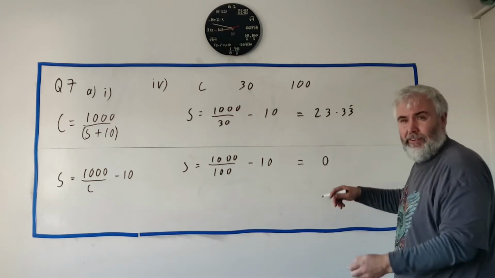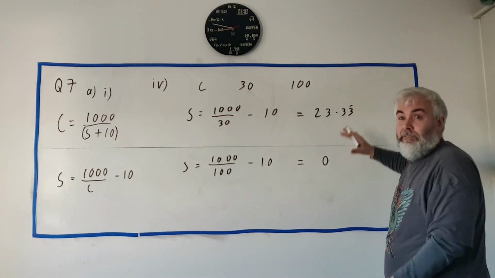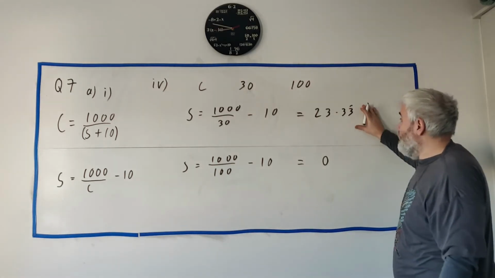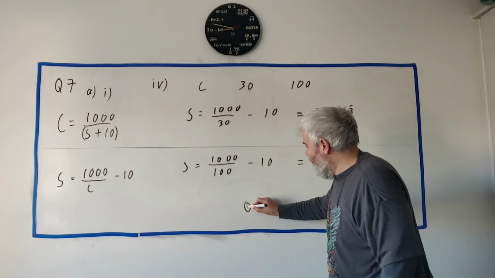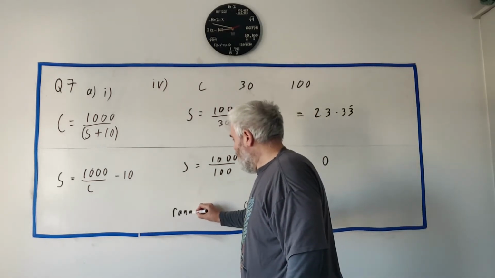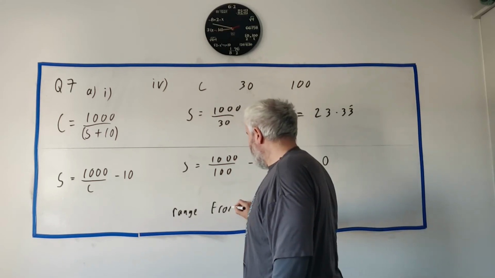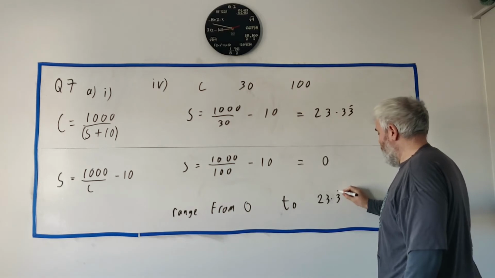So the numbers first of all, this might feel like enough answer, but you would lose marks by just writing this. At the bottom of the page, they do want you to write in, I think it's something like range from 0 to 23.3.